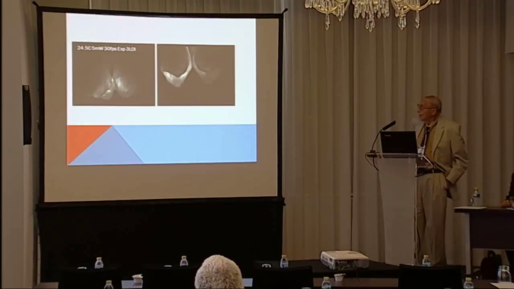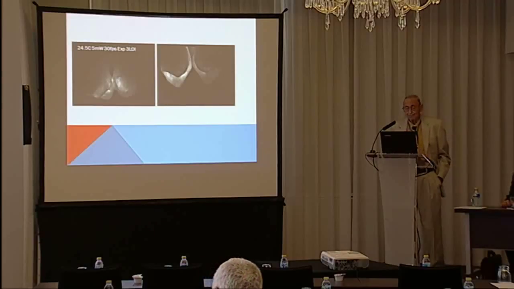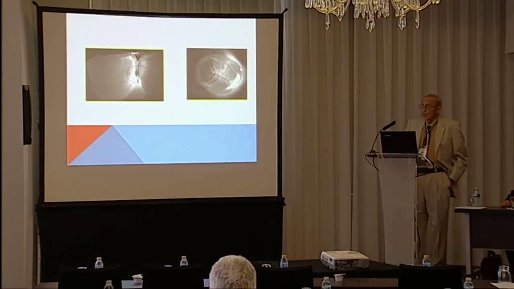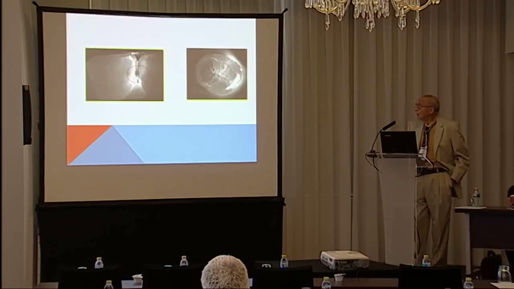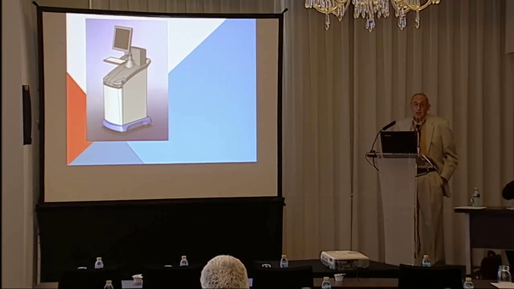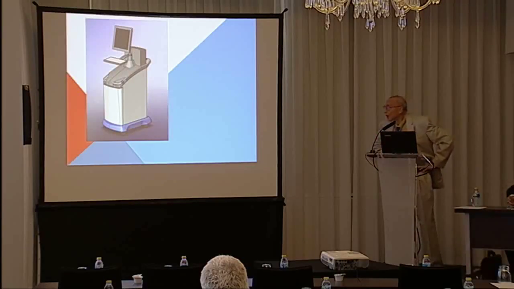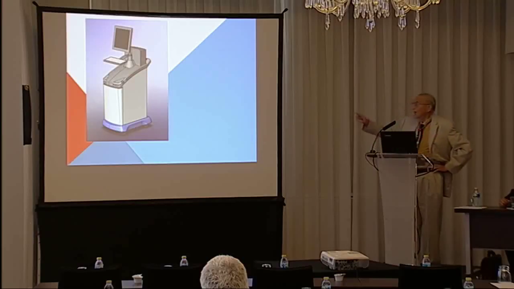Here again is another image of that. There's caries on here. There's the image that we get with OCT. This is the machine that we're going to use. The bottom half contains all the hardware.